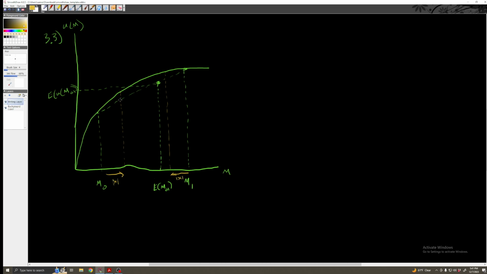We can make the bad outcome less bad, but the good outcome gets less good. And so, we'll have some new expected utility. Maybe it's better, even though our expected value is lower.